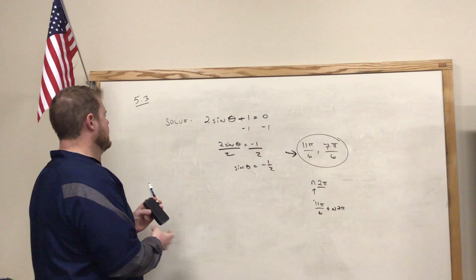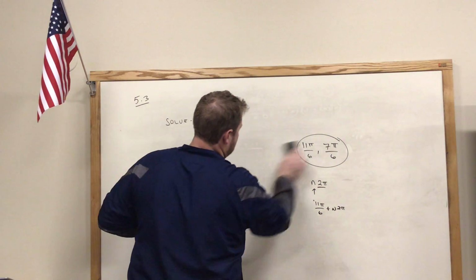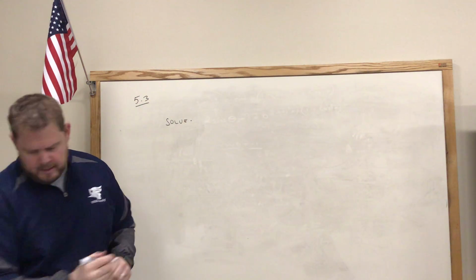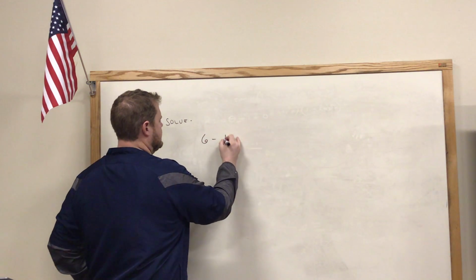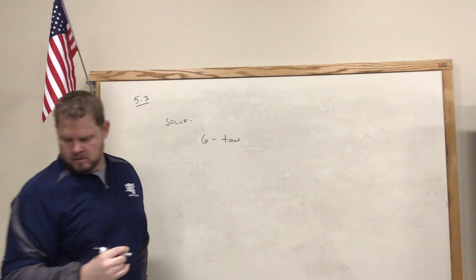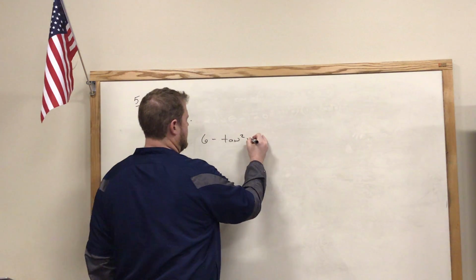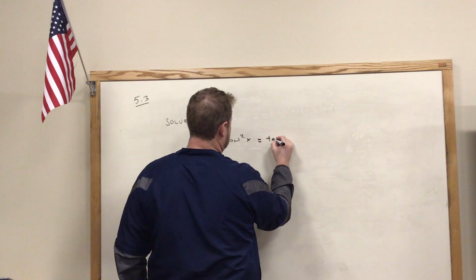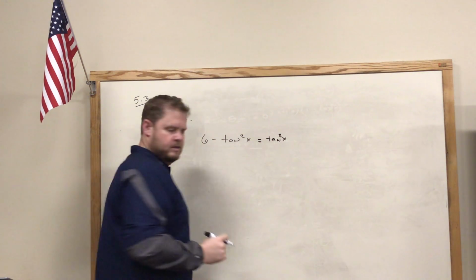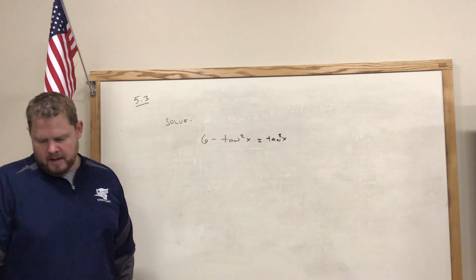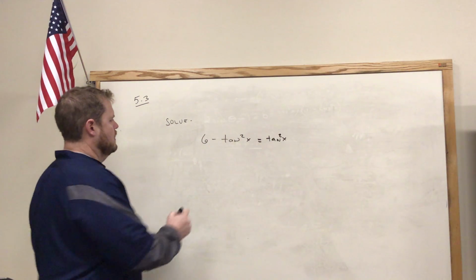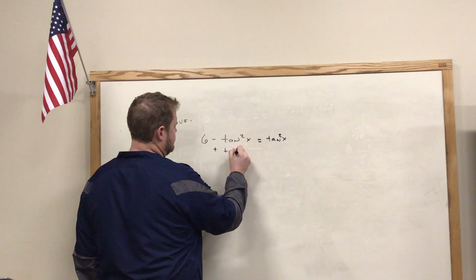All right, so let's try another one. 6 minus tangent squared x equals tangent squared x. So what do we do first? Add tangent squared.